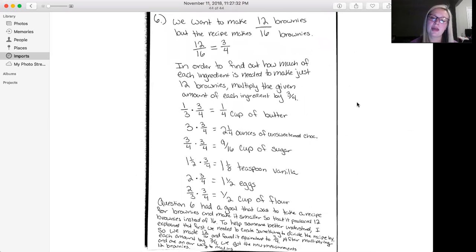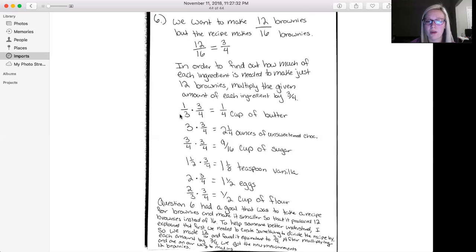So in order to do that, we're going to first need a fraction or something to divide by. So we're going to get this fraction by taking the 12 brownies that we want, and we're going to put that over the 16 brownies that we already are going to get. And so we know that 12 over 16 is equivalent to 3/4. And so we are going to multiply everything in the recipe by 3/4.